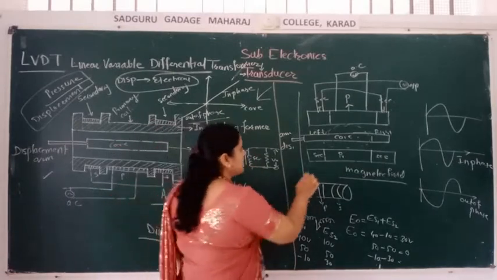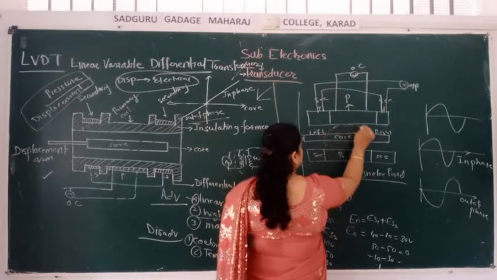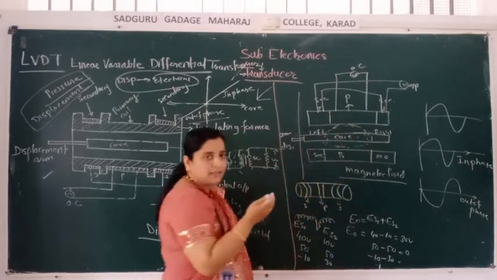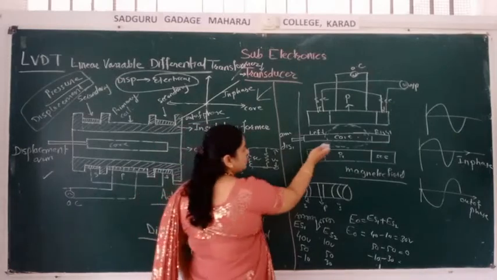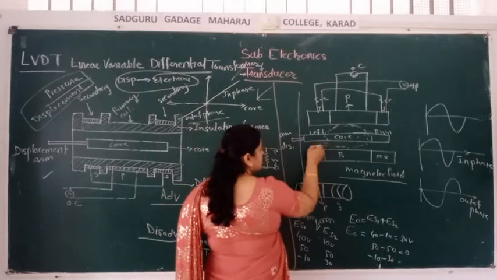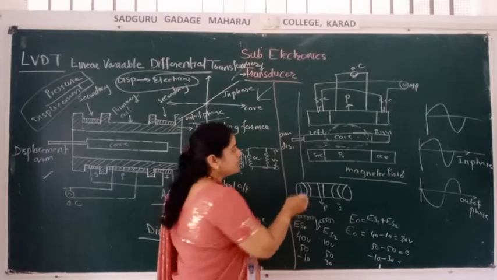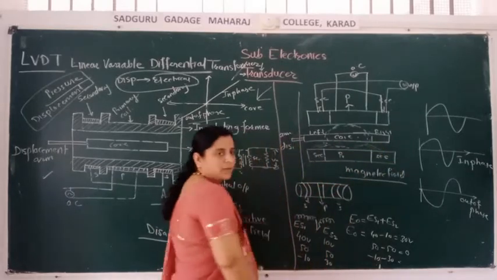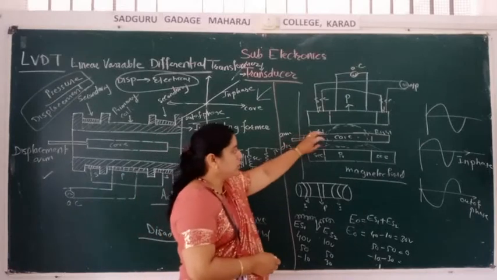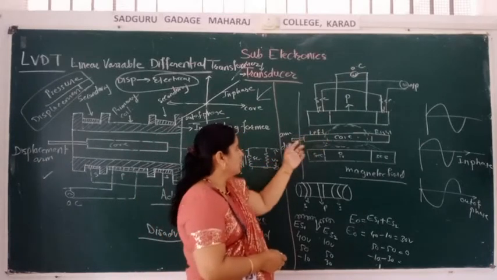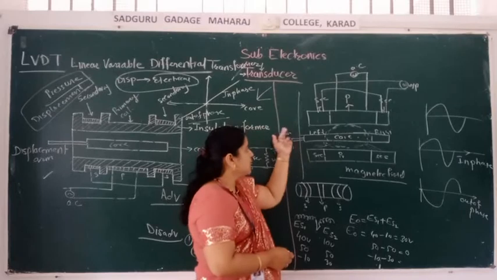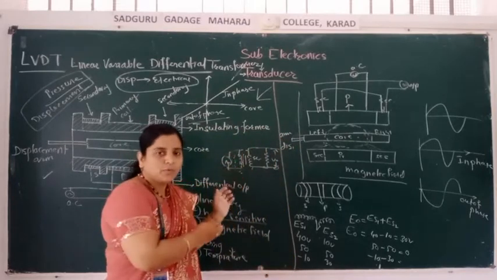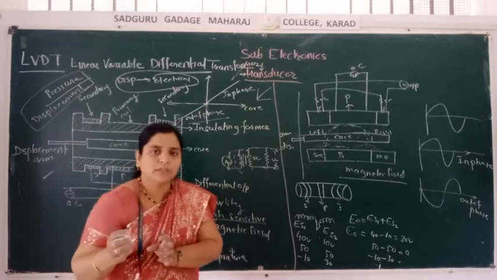A similar concept is there. The core is used to produce the magnetic field, and this magnetic field is parallel with the motion. If it is moving to the left side, the magnetic core also moves to the left side. If it is moving to the right side, the magnetic core also moves to the right side. Okay. So all the concept depends on this core, and this arm is connected to measure its displacement: how much it is moving to the left side and how much it is moving to the right side.